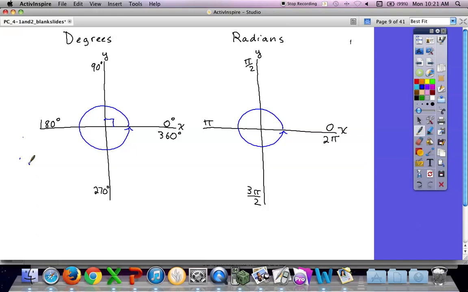So we could also refer to all of the axes with negative angles. What would be the negative angle? If this is 270 positive, what is the measure of this angle negative? Negative 90, right? If this is positive 90, then this is negative 90. How about what's the negative angle that goes here?